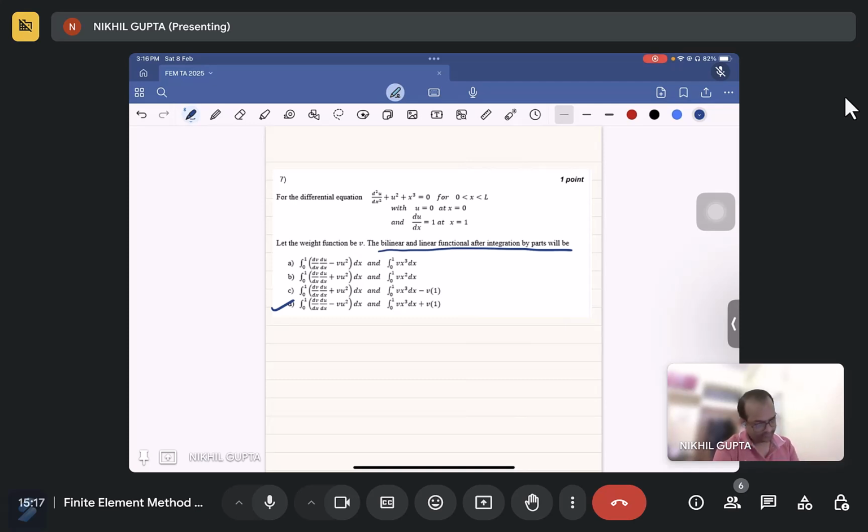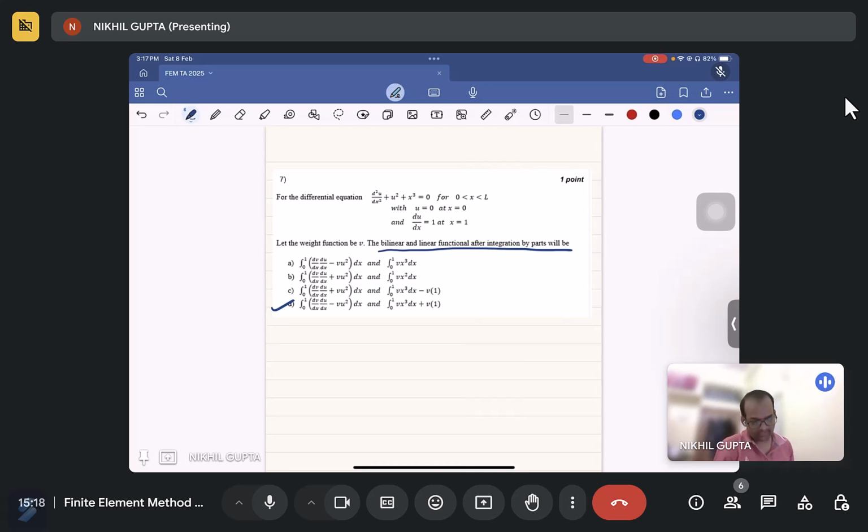The linear term is integration 0 to 1 of v x cube dx plus v at 1, plus minus v into du/dx at x equals 0. That should also come as per my calculations.